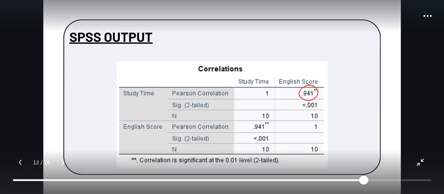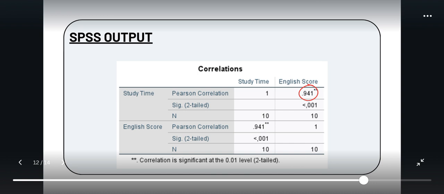Here I will also explain the SPSS output of the correlation result. Based on the SPSS output, the Pearson correlation coefficient is 0.941. This value indicates a very strong positive correlation between student study time and their English score, and the significance value is less than 0.001.